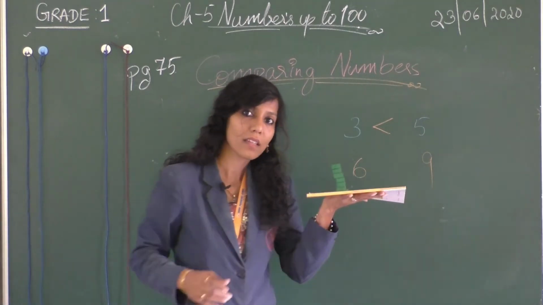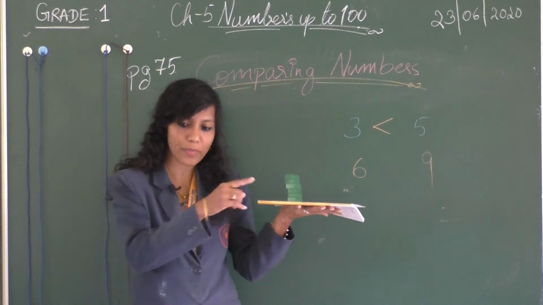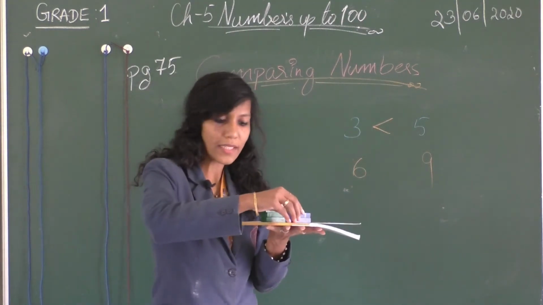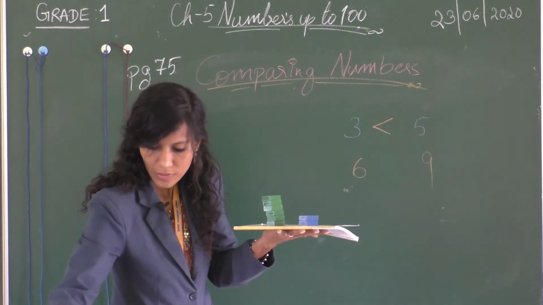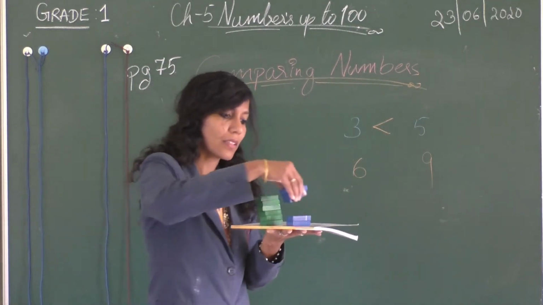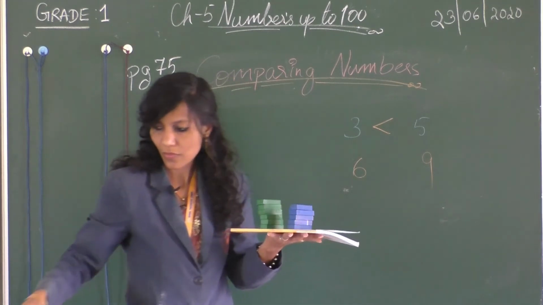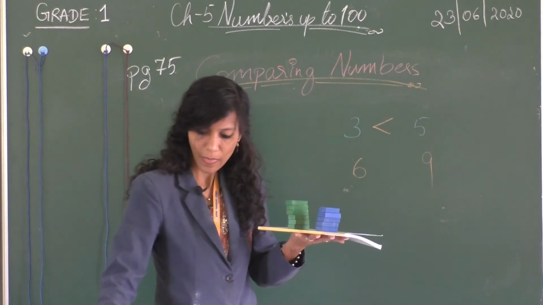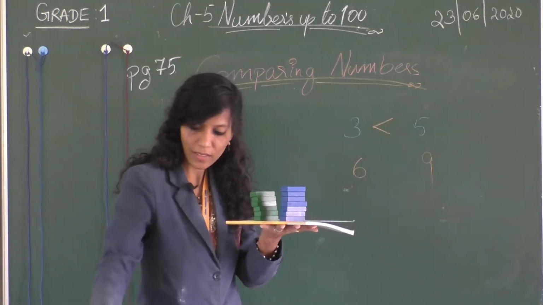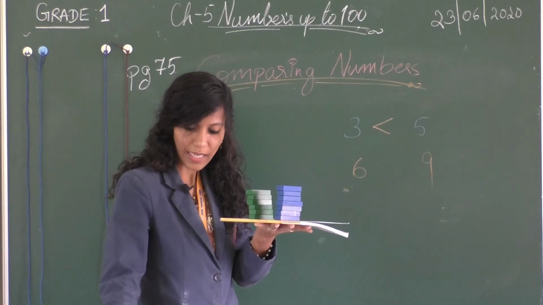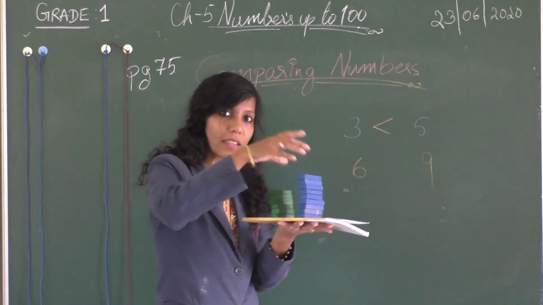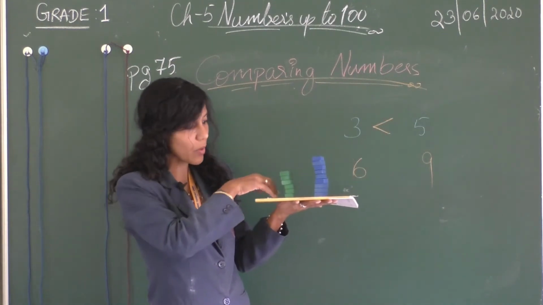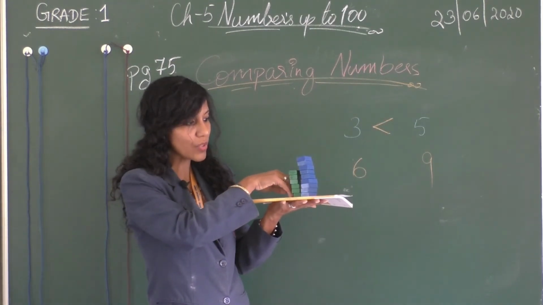This is 6 blocks kept together. Next 9. 1, 2, 3, 4, 5, 6, 7, 8 and 9. So we have 9 blocks and 6 blocks, bringing them next to each other.